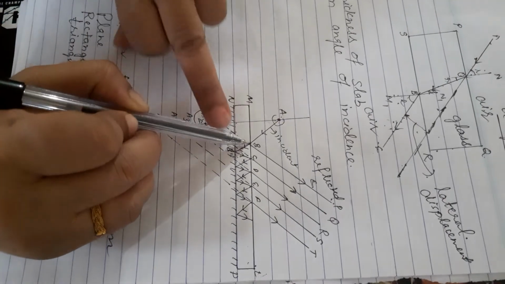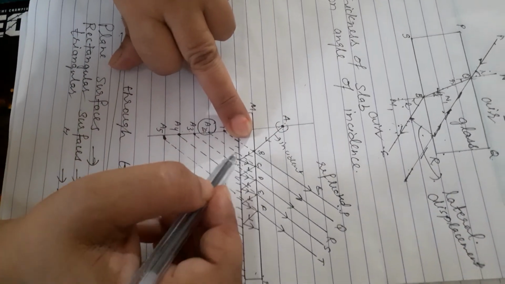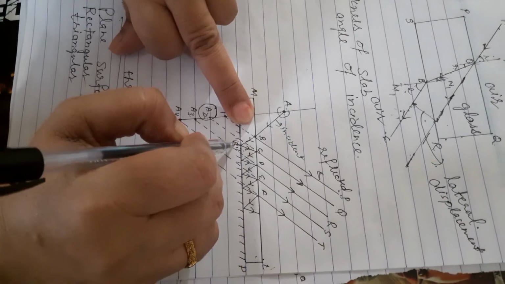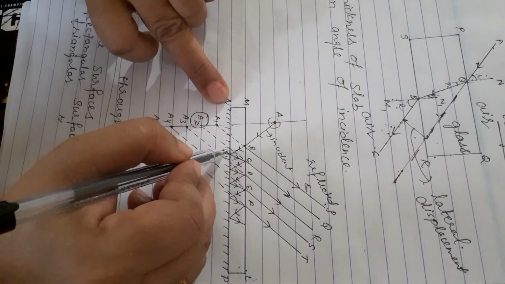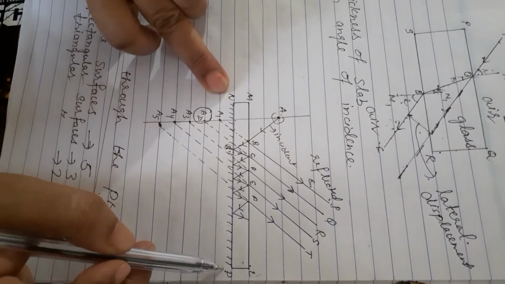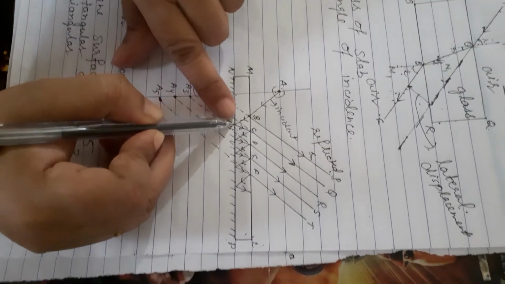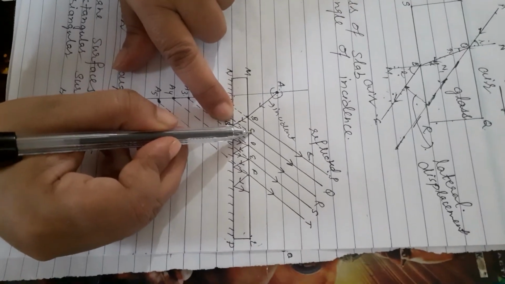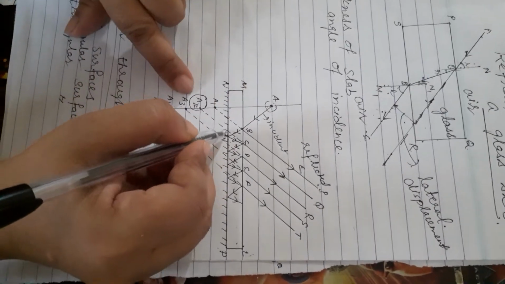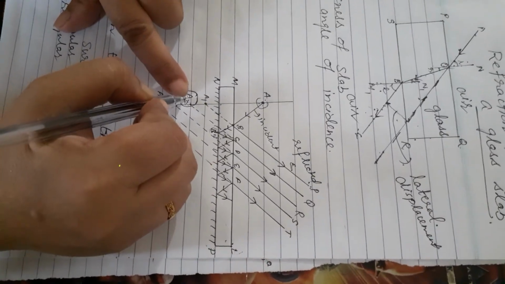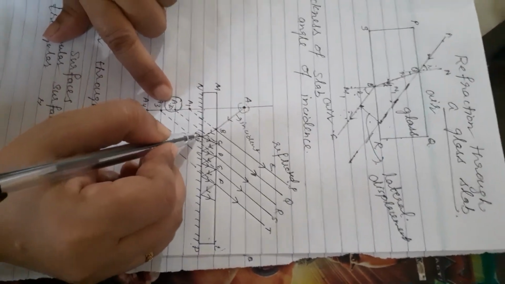AB is the incident ray, then BP is its reflected ray, and BB dash is its refracted ray. When this refracted ray falls on the surface NP, it acts as an incident ray, and B dash C will be its reflected ray. When you produce this reflected ray backward, this image is the brightest because of the first strong reflection.